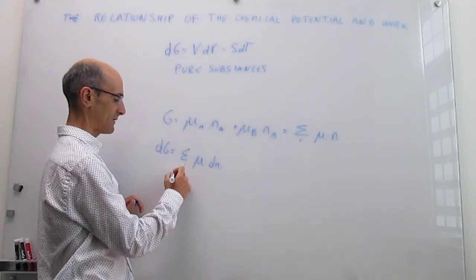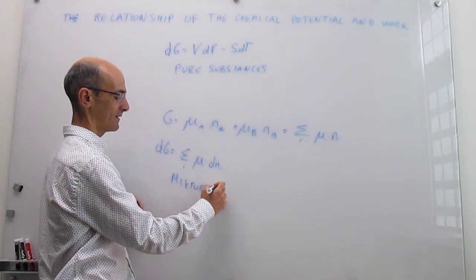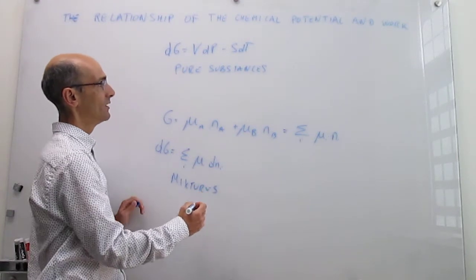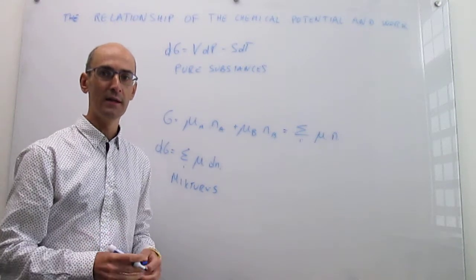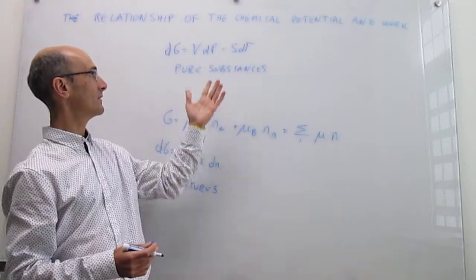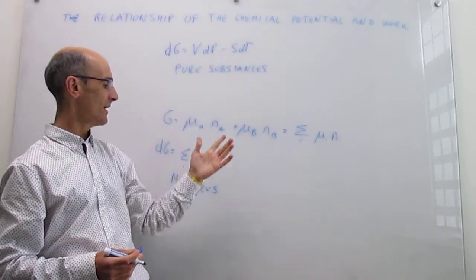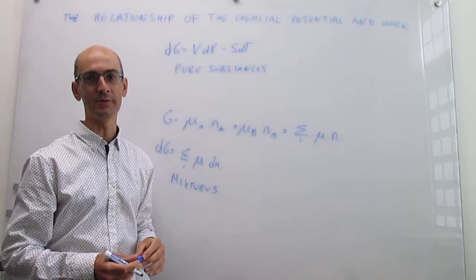This is what happens for mixtures at constant pressure and constant temperature. So you can clearly see that there's going to be a global dependence of the Gibbs energy on variables that incorporates the dependence on pressure and temperature, and also the dependence on composition if you don't have pure substances.